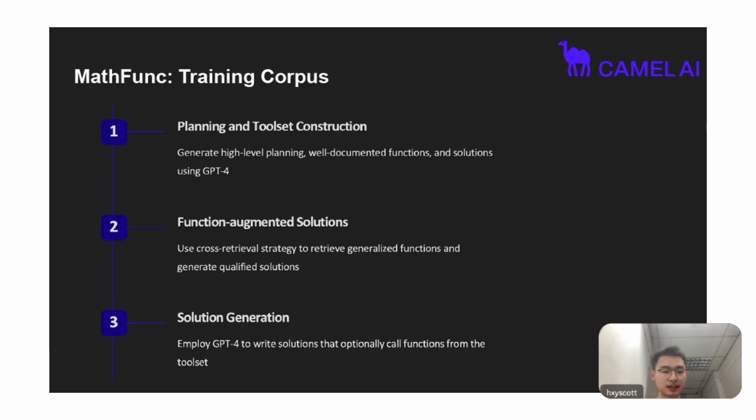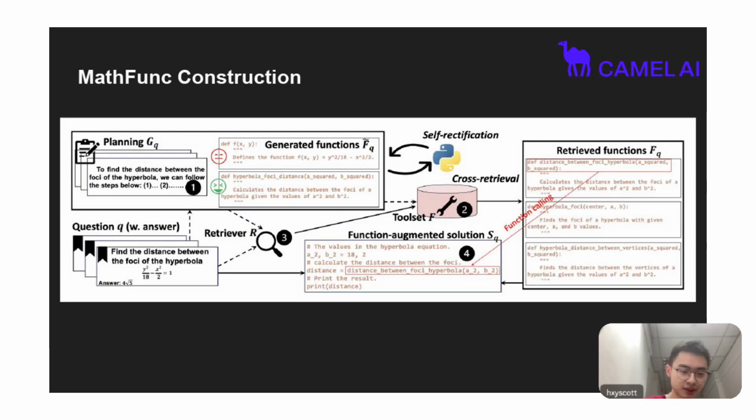We start at the bottom left, where let's say we have a question: you want to find the distance between the foci of a hyperbola. The way we do it is you always start with planning, by letting the LLM know what exact function you need. Here you want a hyperbola foci distance function.